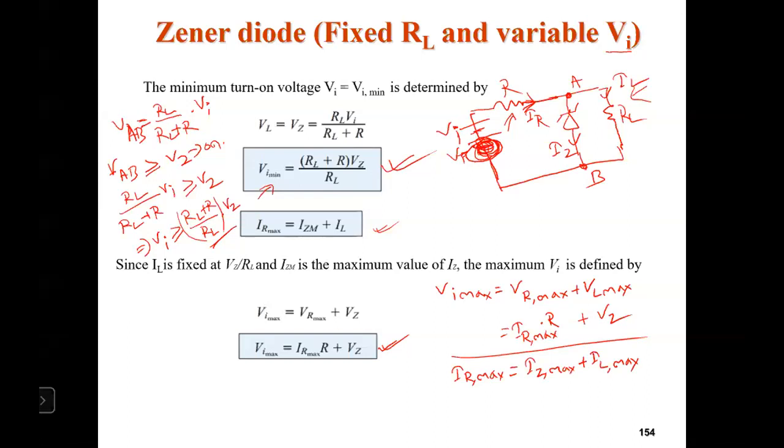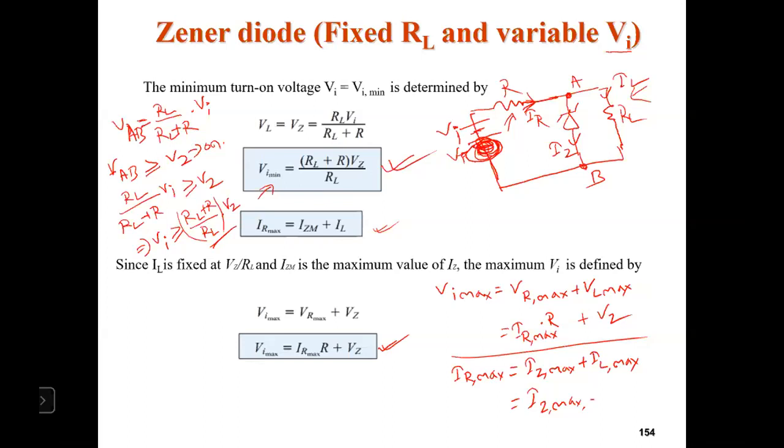This IZ max is a given quantity. Most of the time, for this Zener the rating IZ max is given, or its power rating PZ max will be given. If PZ max is given, from P equals VI you can find out how much IZ max is. So we don't have to worry about this IZ max.